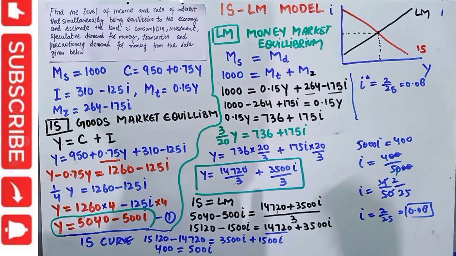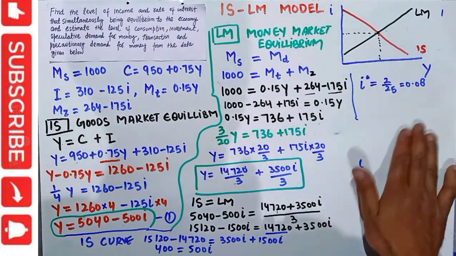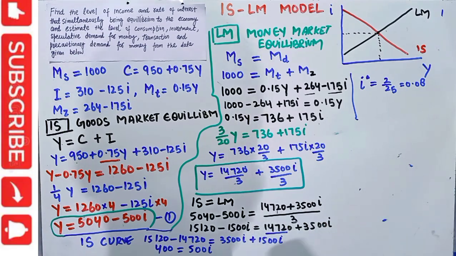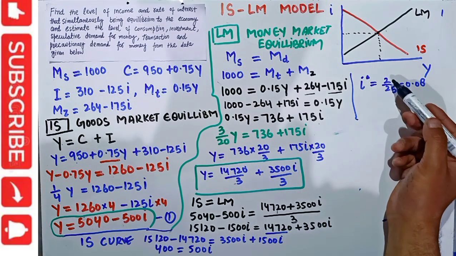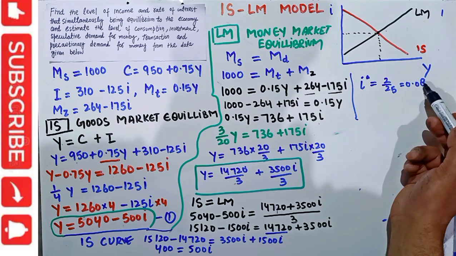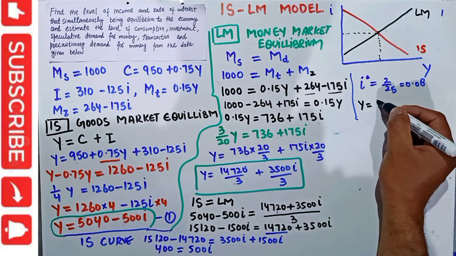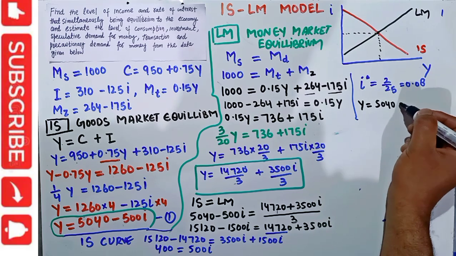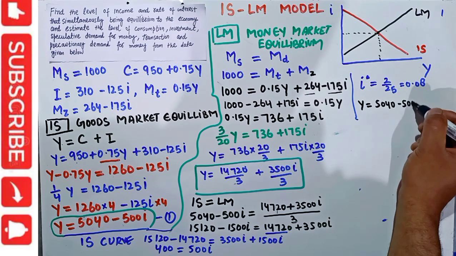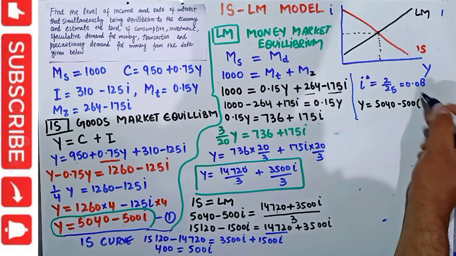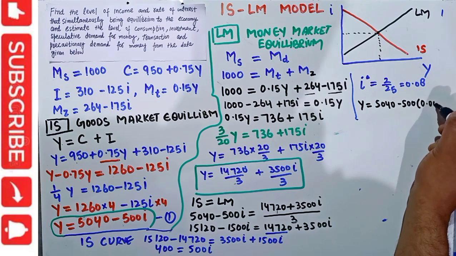Now to find the corresponding level of output or income, simply plug I is equal to 2 upon 25, or this 0.08, into the IS function. That means our Y will be equal to 5040 minus 500 times this 0.08.